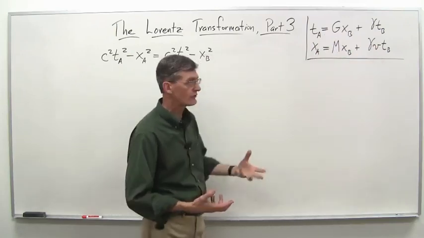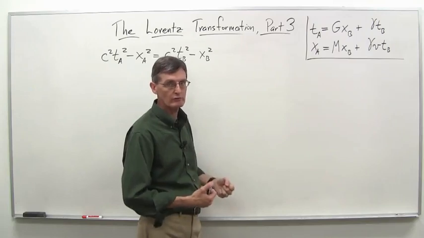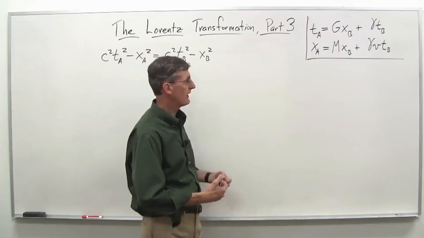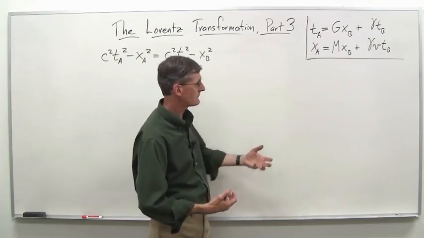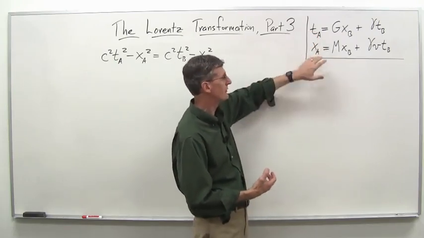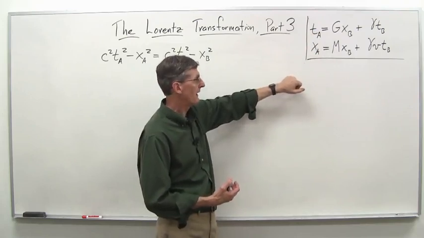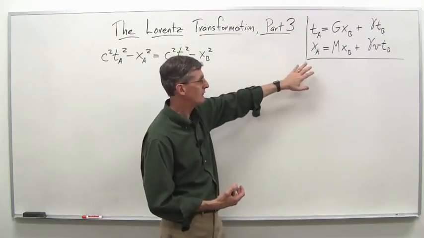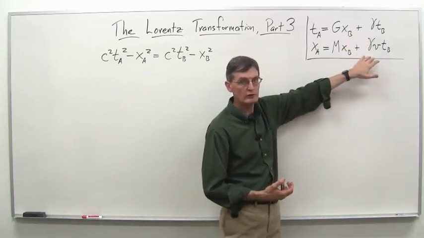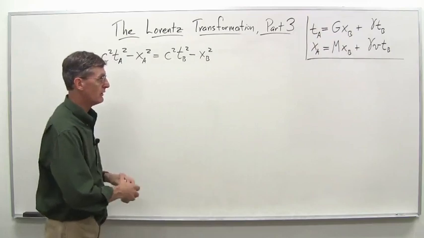In other words, the x location of the event and the time of the event according to Bob's clocks and his measuring system. And then we'll get t sub a, the time for Alice, and x sub a, the location for Alice. And we'd found the second terms here, but we still need to find out what g and m are.